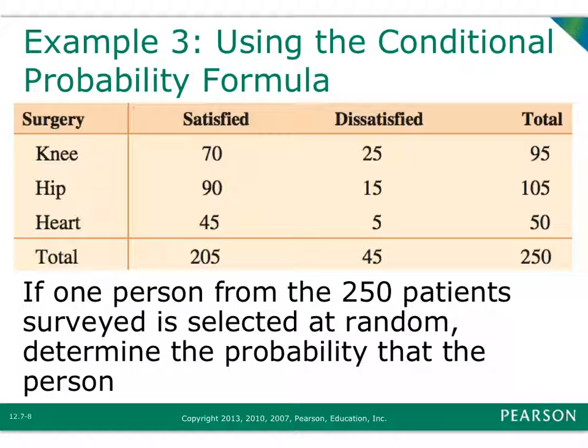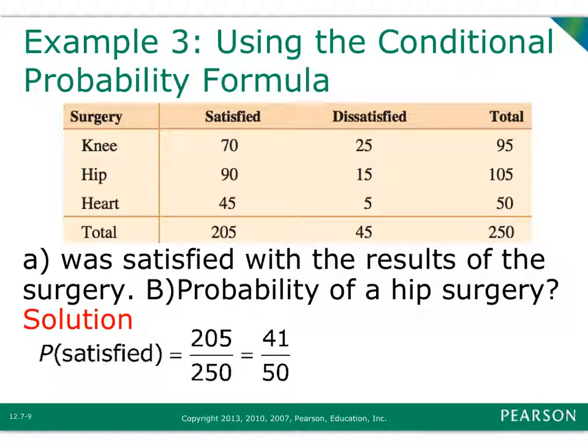So the question is, if one person from the 250 patients surveyed is selected at random, determine the probability that the person was satisfied with the results of the surgery.